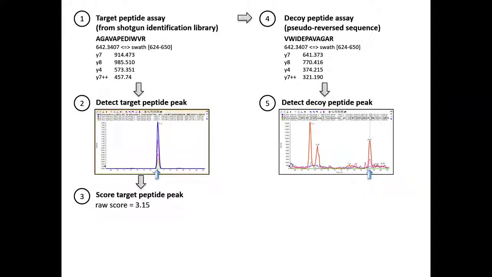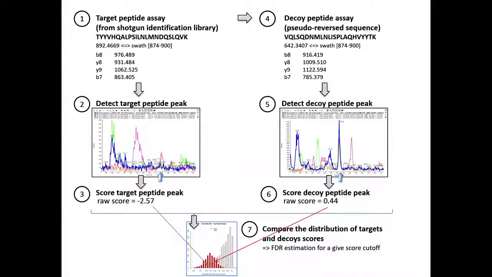Some people now even try to extract the mass of those fragments not in the same window, but in a different window or at a slightly different mass, to avoid fetching the target peptide as a byproduct of the decoys. In general, when you do shuffling or pseudo-reversing, you're relatively safe, except for a few exceptions which are pseudo-palindromic. They're usually safe to use.